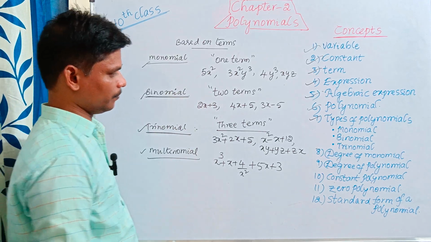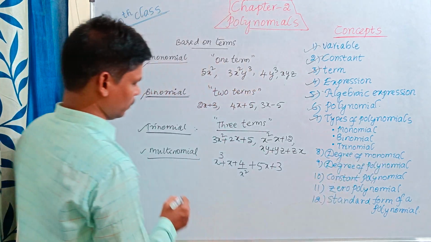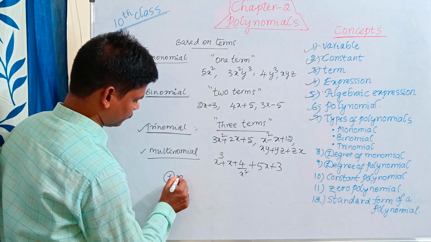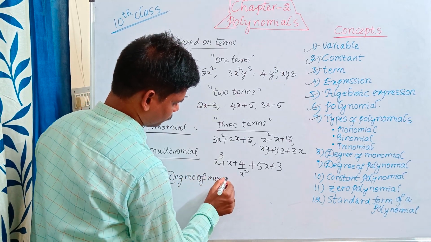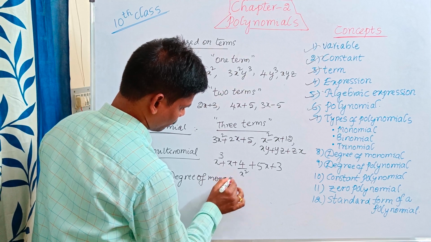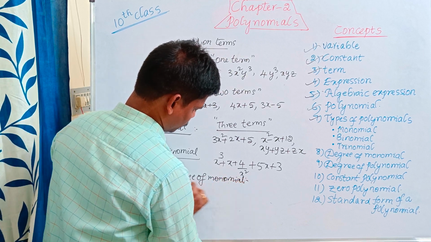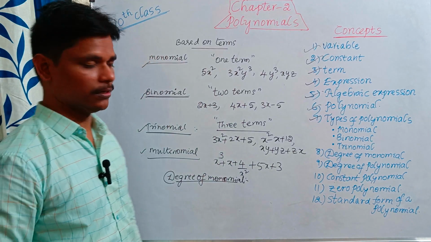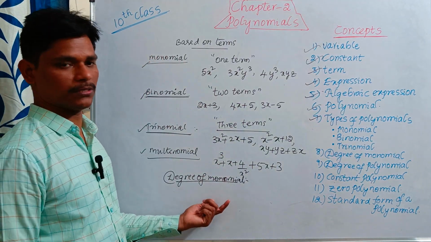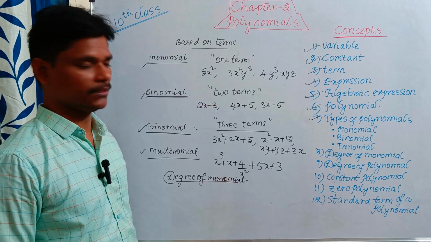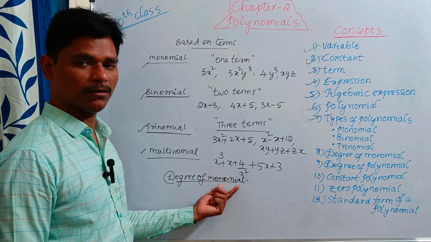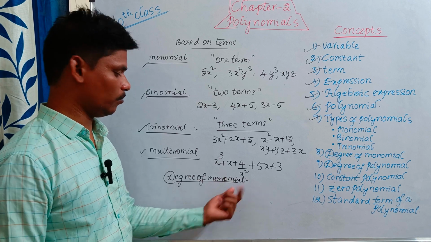Next, degree of monomial. What is the degree of a monomial? The sum of all powers of the variables of a term is called the degree of a monomial.